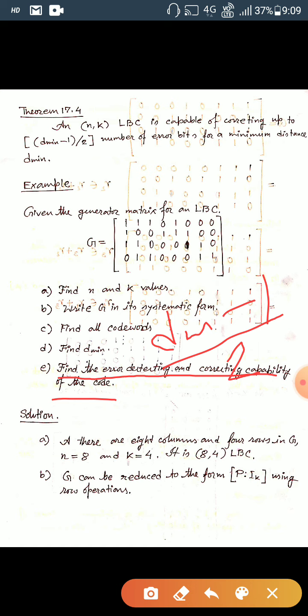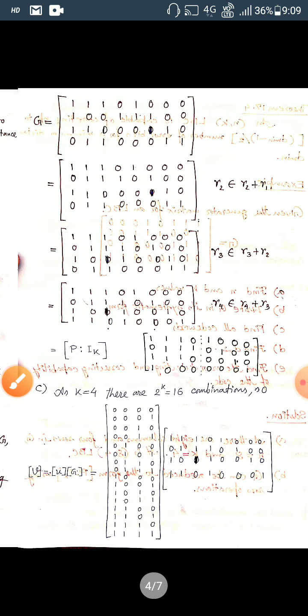That means if a one-bit error occurs, it will obviously be detected, and also the position where the error occurred can be corrected. Check that it is written there also. So this LBC can detect up to d min minus 1, that is 4 minus 1, 3 bit errors, and can correct up to 4 minus 1 by 2, that means 1 bit error.